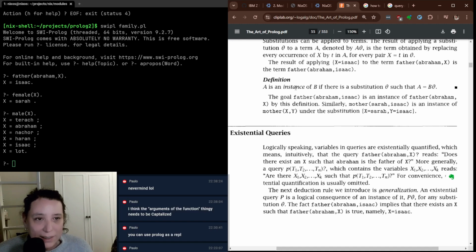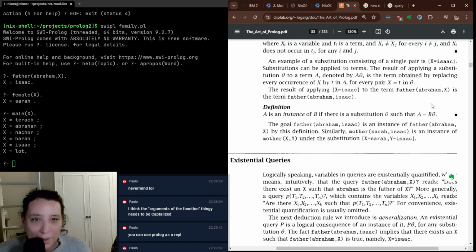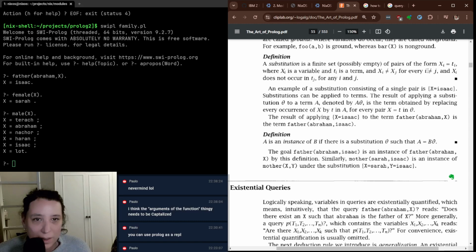Definition. A is an instance of B if there's a substitution theta such that A is equal to B theta. Oh yeah, they were talking about B theta. One second, I gotta find what that meant here. Okay, so when we apply substitution theta to term A, we call it A theta.